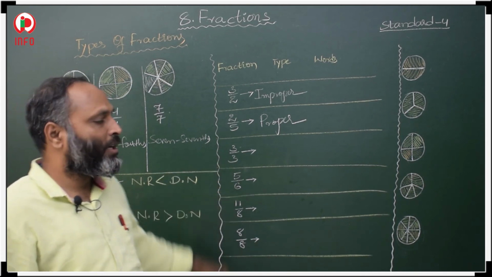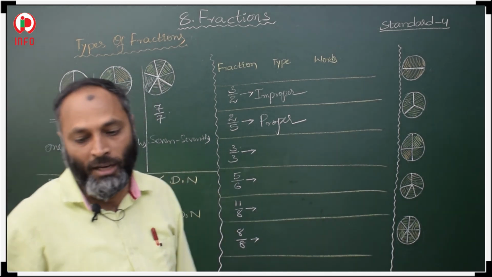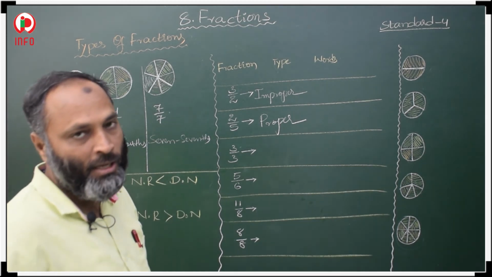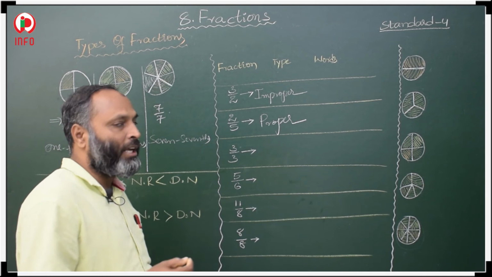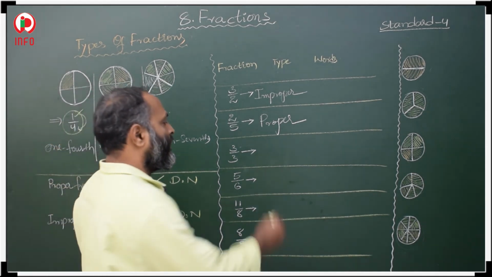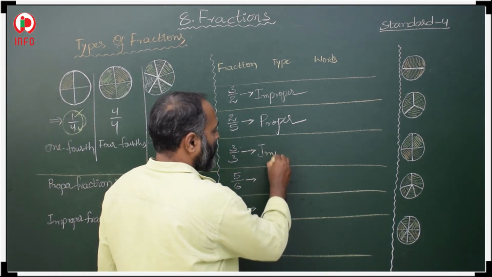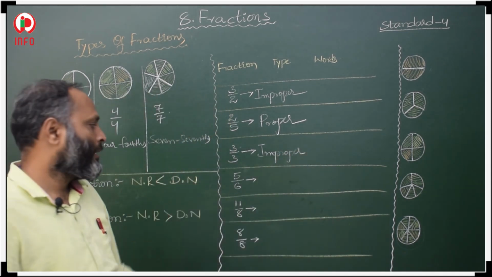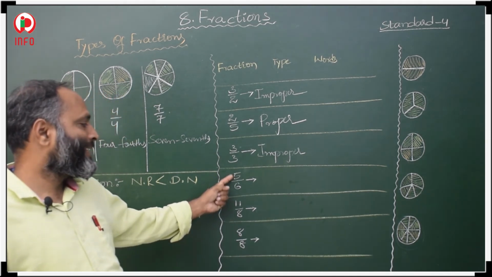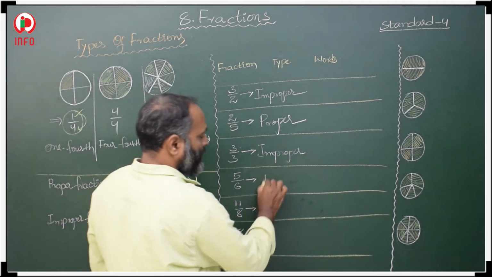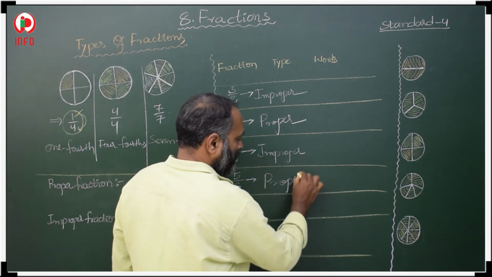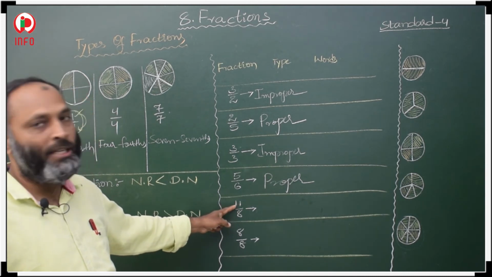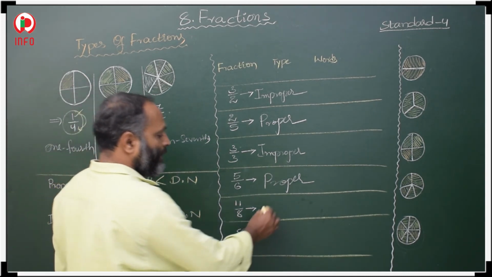Here the numerator and denominator are both equal. If the numerator and denominator are both equal, then it is called an improper fraction. Now here the numerator is less than the denominator, this is a proper fraction. Then 11 by 8, the numerator is greater than the denominator, this is an improper fraction.